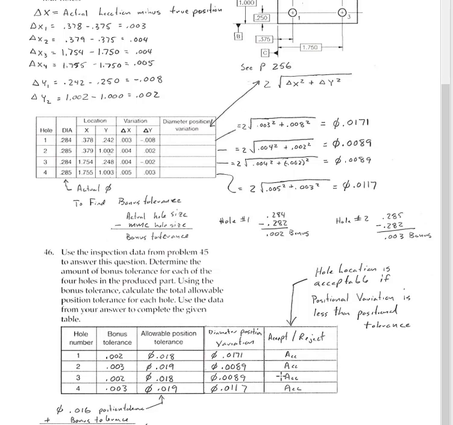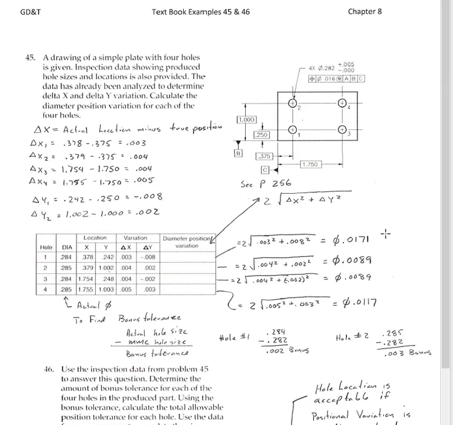And I've added some lines to this table to make it mimic your homework problem from the study guide. Okay, so what we have here is we put our bonus tolerance, which we calculated up here. We tabulated that here. And then now we have to find the allowable position tolerance, which is essentially just our 16 thousandths true position.